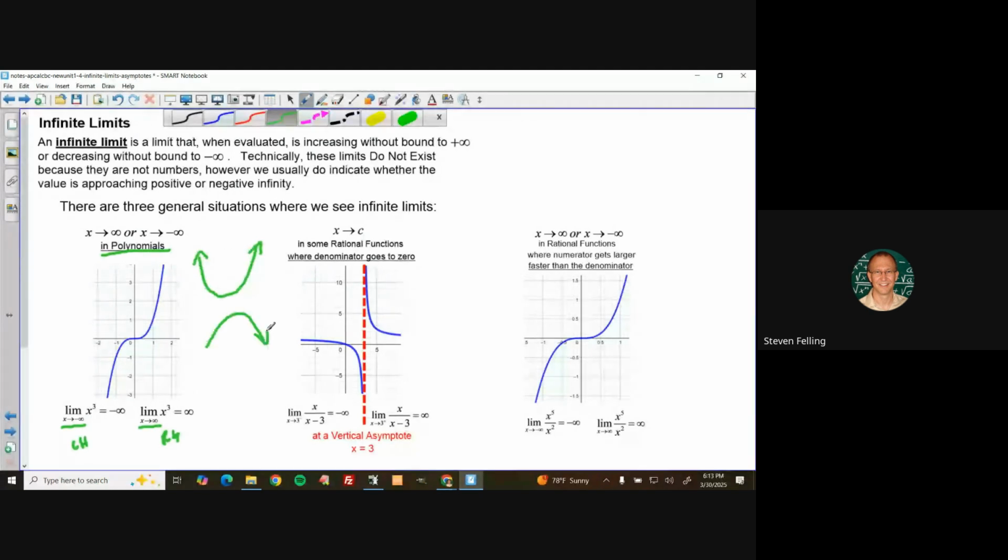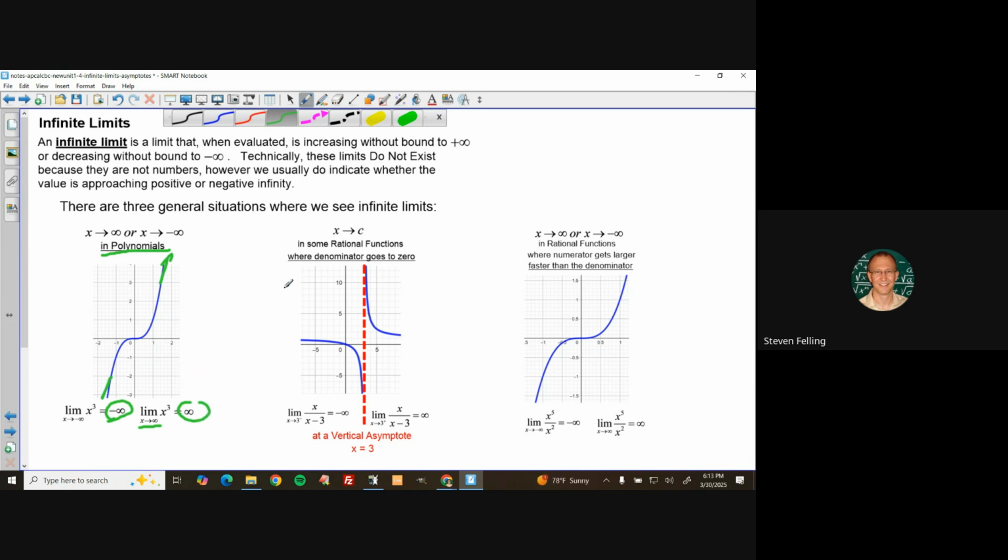So cubics behave this way, things like that. So polynomials always eventually go to an infinity. One side or the other will go to positive infinity, so we get infinite limits. In other words, the y goes off to infinity or the y goes to negative infinity. We call that an infinite limit.